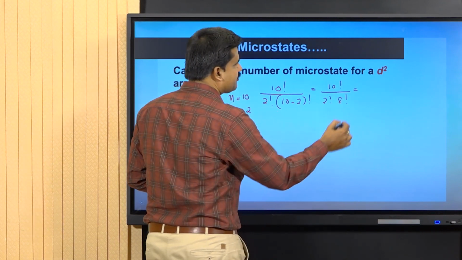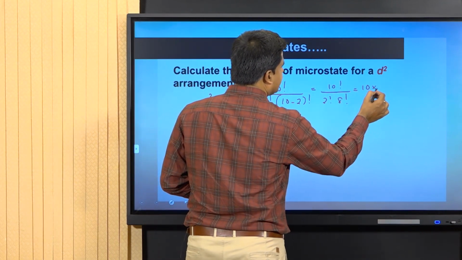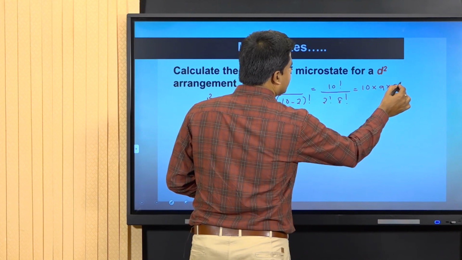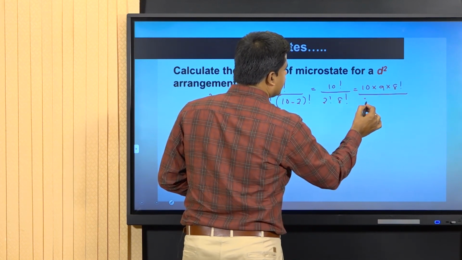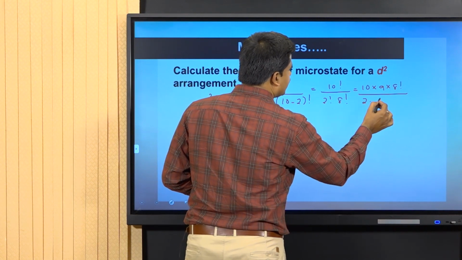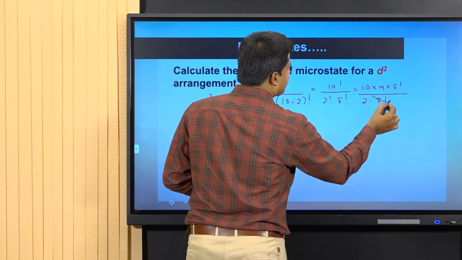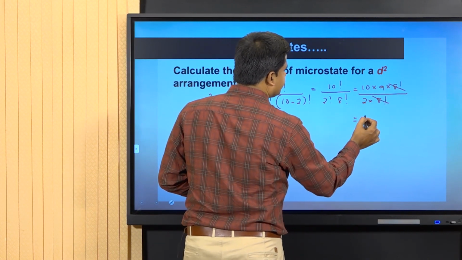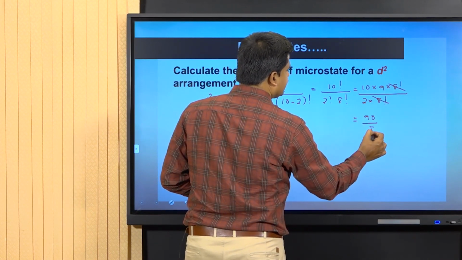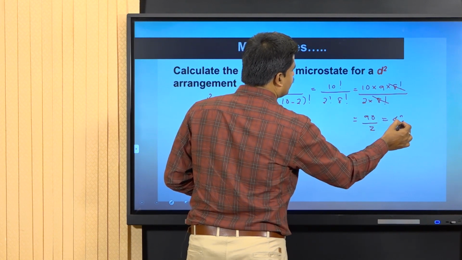10 factorial can be represented as 10 into 9 into 8 factorial, divided by 2 factorial, which is 1 into 2, that is equal to 2 into 8 factorial. 8 factorial vanishes. So the result is 90 divided by 2, and that is equal to 45.